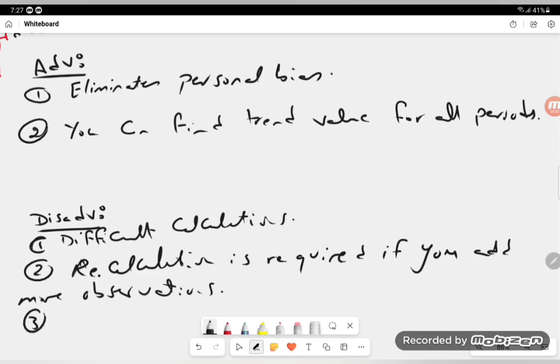And number three, it ignores cyclical fluctuations or seasonal fluctuations.